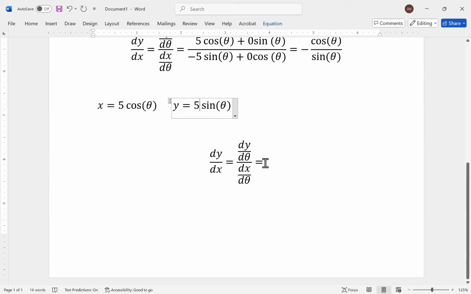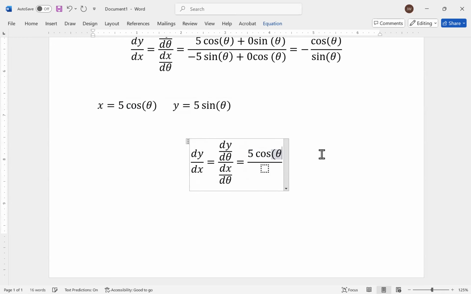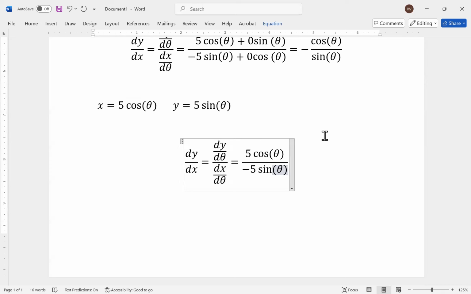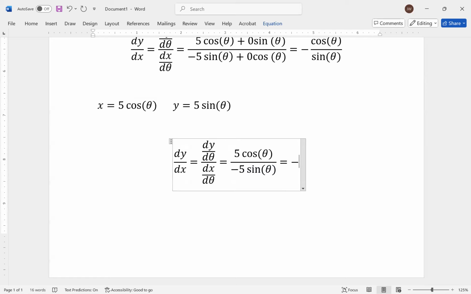Since y is 5 sine theta, in the numerator, I take a derivative of that, y, with respect to theta, which would be 5 times cosine of theta. And in the denominator, derivative of 5 times cosine is negative 5 times sine, again, of theta. Same thing that we got above, negative cosine of theta divided by sine of theta.